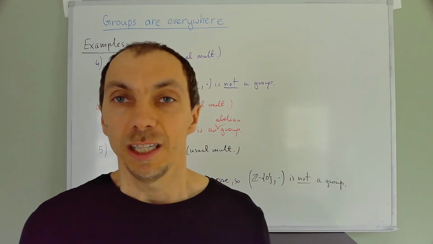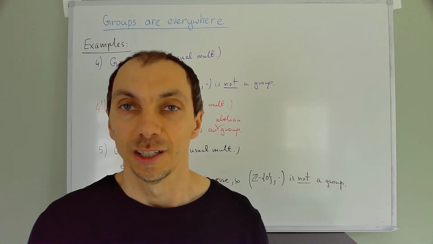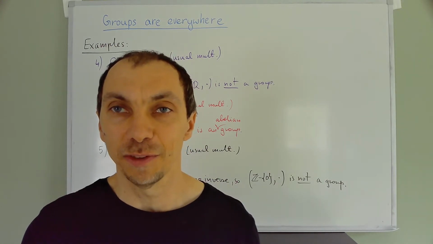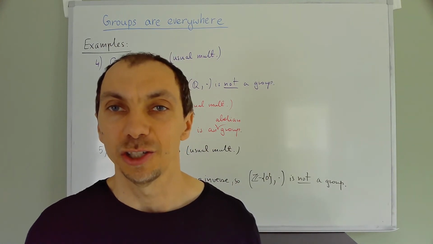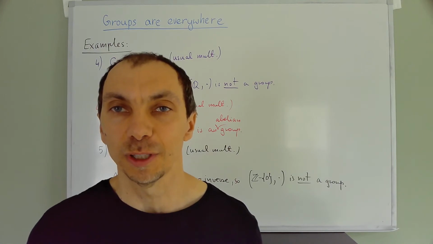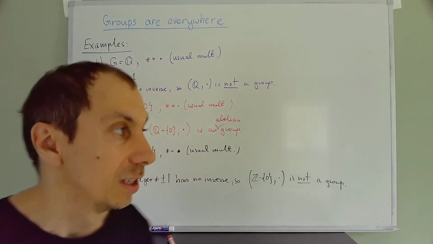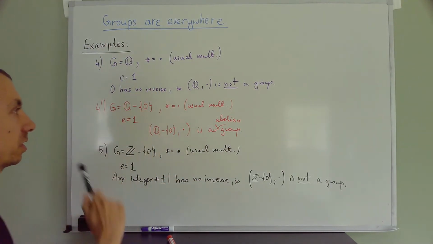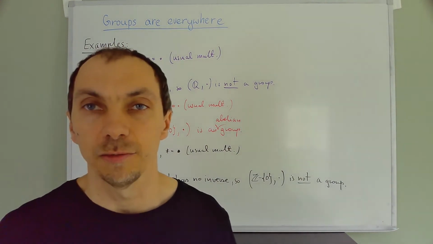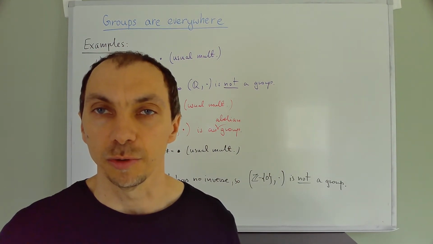So it went really easily with addition. If you give yourself a ring and take the addition, that easily defines a group. With multiplication, there seem to be problems. First, it looked like 0 was the problem, so we removed it and made Q without 0 a group.